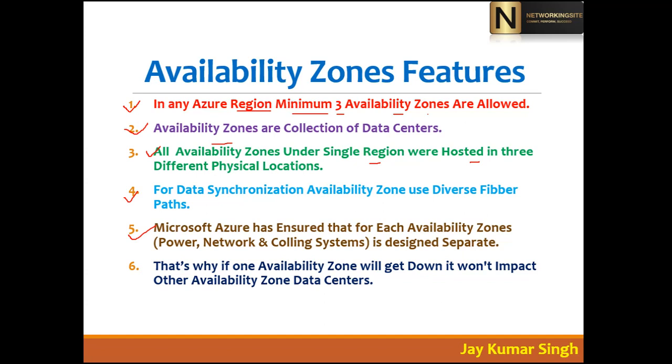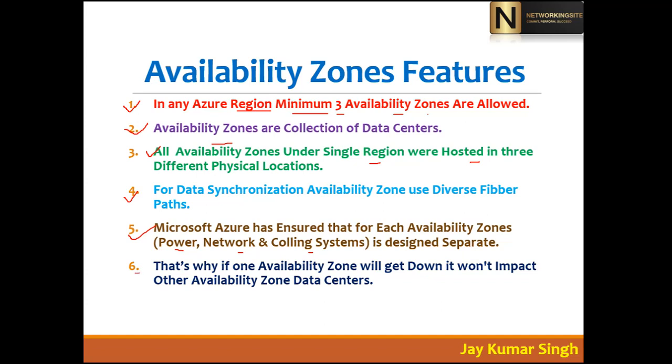Microsoft Azure has ensured that for each availability zone, power, network, and cooling system will be separated. It is designed separately for them. And if one physical location is down, you can access data from the second physical location.